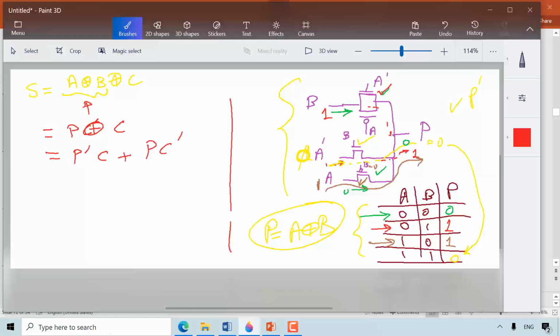So once I generate the P and the P prime, now the way I can generate the sum is the following. So this is my sum.